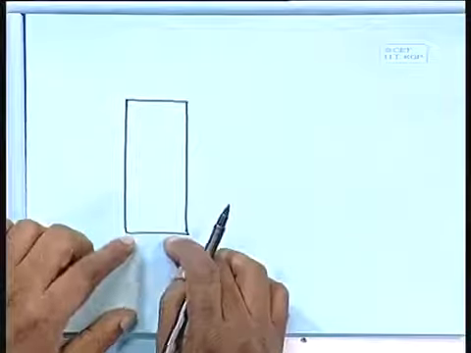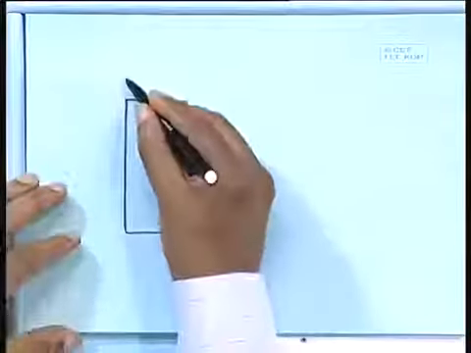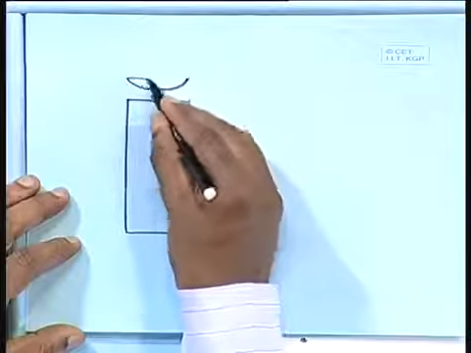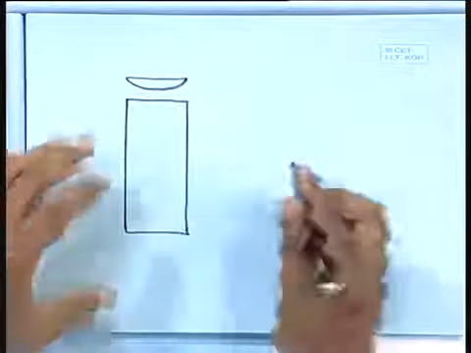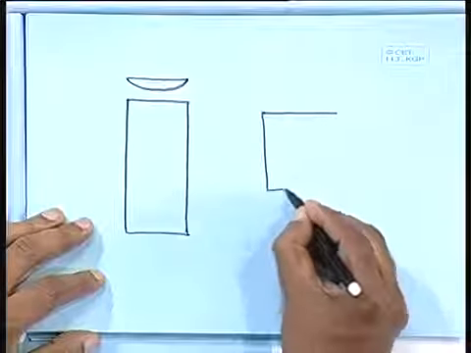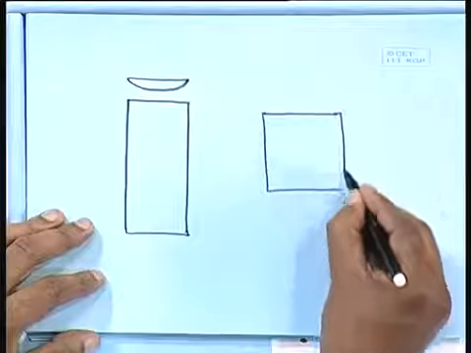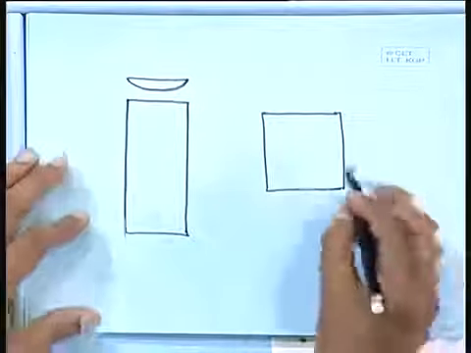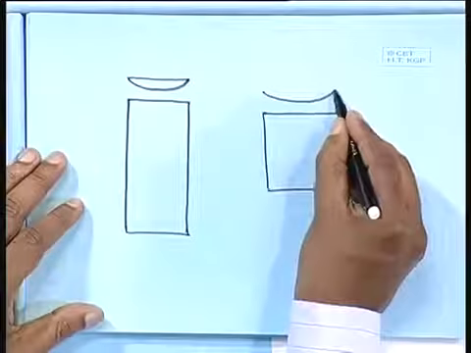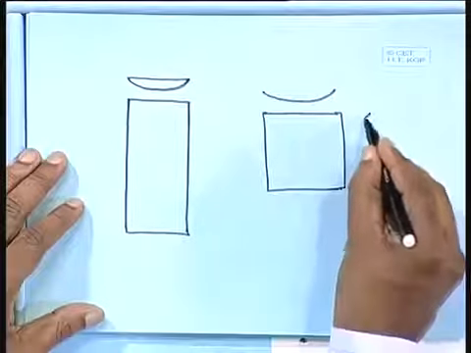What you will see is that it bends like this. If we make it almost a square, then you will see that it bends in both directions, this side as well as this side.